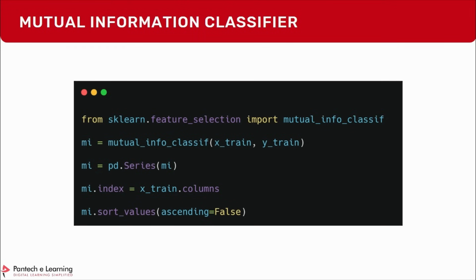Then only you are supposed to go here. You can call mutual_info_classif in this MI, and it will give you the results. You can convert it into a series, and then you can set the column names as index.